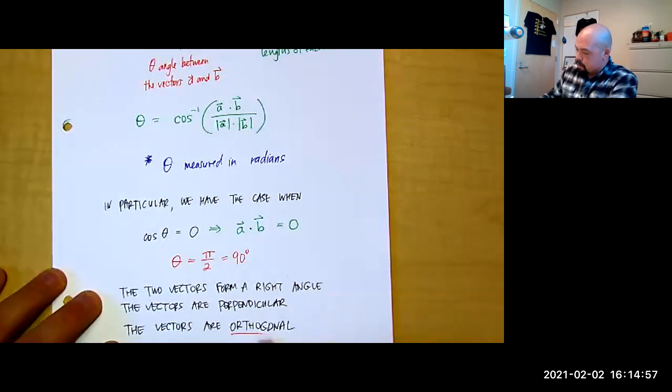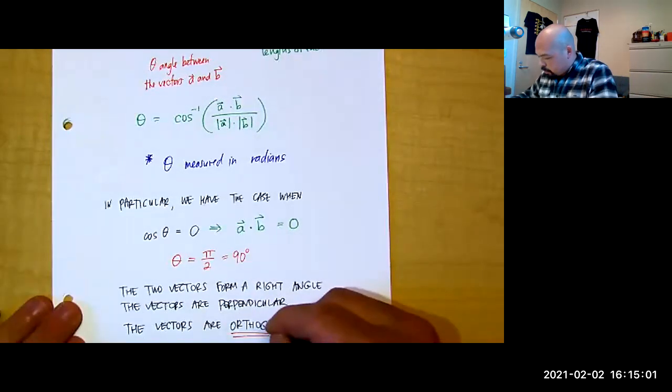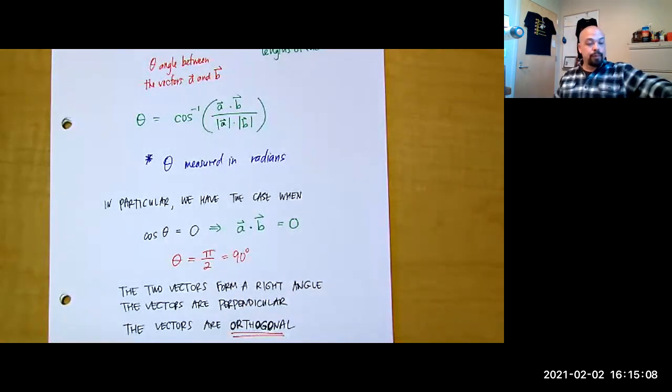Okay. So there's our new language: orthogonal. When those two vectors form a right angle, their dot product is 0. We'll say that those vectors are orthogonal.